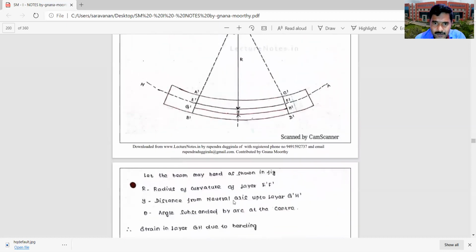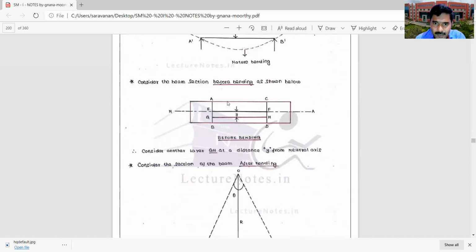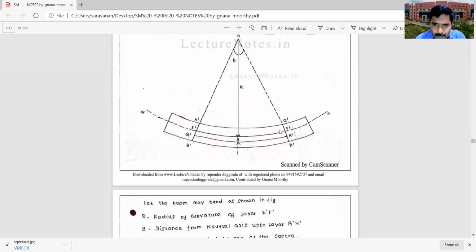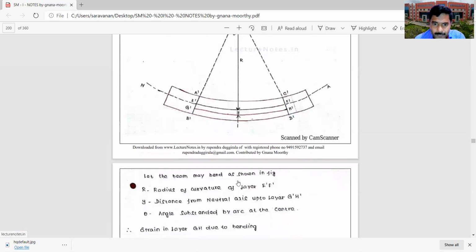Take a simply supported beam that is subjected to bending. Before the bending, the beam will be like that. This layer is the neutral axis layer EF, and this layer is GH. After the bending, it will bend like this because of the curvature. If you take the center of curvature O, the radius is R, and the distance between E dash F dash and G dash H dash is Y, right?